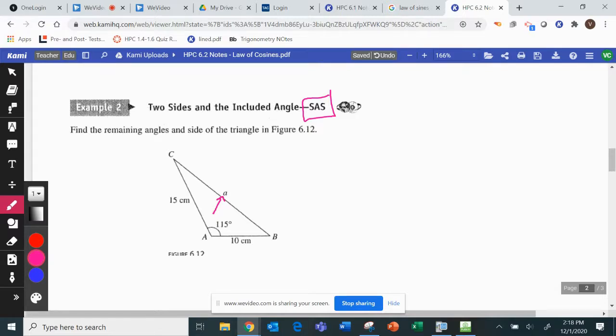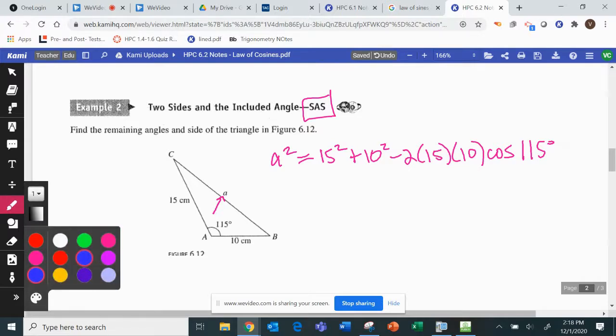So I'm going to start by saying a squared equals, that's the part I'm going to have to solve for. And then my other two sides, 15 squared plus 10 squared minus 2 times 15 times 10 cosine 115 degrees. And there aren't any variables to solve for. It's already almost solved for. All I have to do is square root.